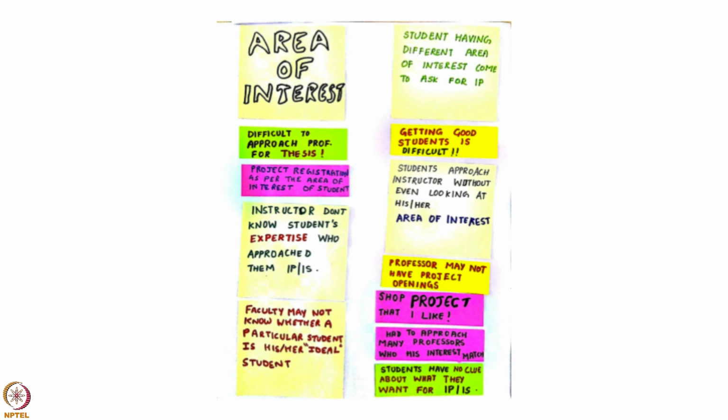For example, here we have the cluster called Area of Interest, which contains the problems faced by students like students are not aware of the projects going on. Similarly, the problems faced by the faculty like finding the students for projects as per the required skill set.